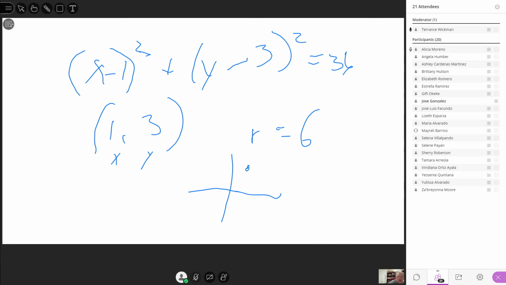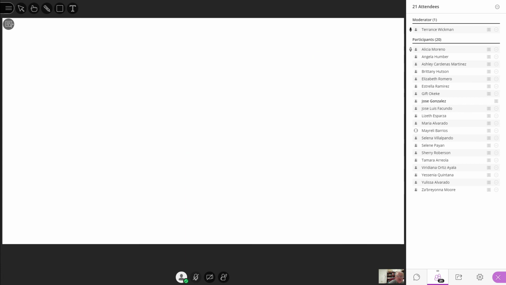And a radius of 6, so you've got to count 1, 2, 3, 4, 5, 6. And then that's the circle. So again, we had 1, 3, and 6. (1, 3) was the center of the circle, with a radius of 6.